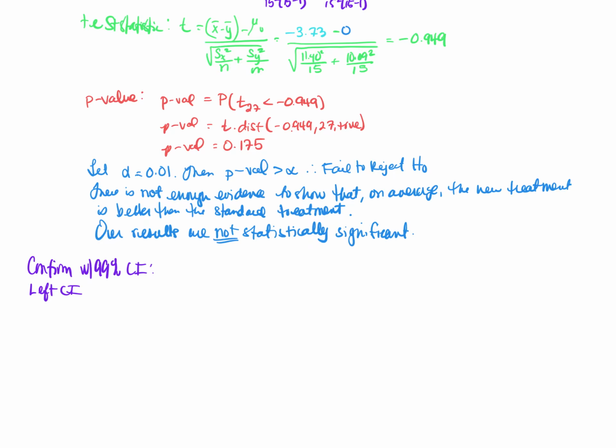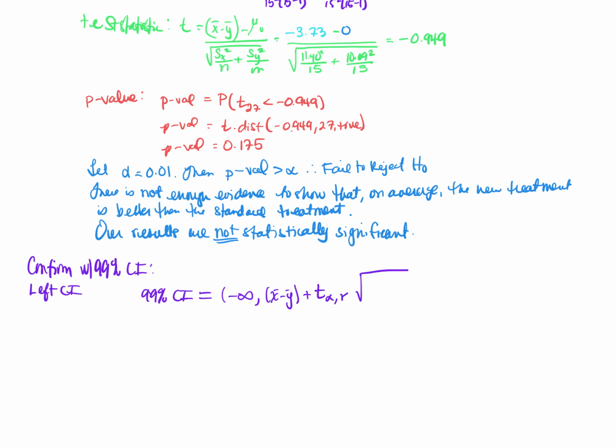So let's find it. Our 99% confidence interval is going to go from negative infinity up to our sample statistic x bar minus y bar, not minus but plus our t sub alpha comma nu. And it has to be alpha because it is all of our probability.